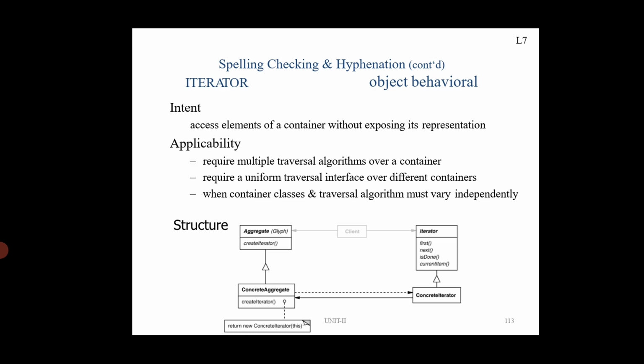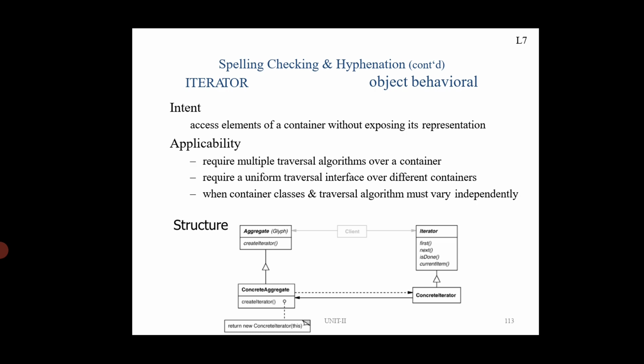And the last applicability: the container classes and traversal algorithms must vary independently. So, first we need multiple traversal algorithms over a container, a uniform traversal interface over different containers, and the container classes and traversal algorithm must vary independently.